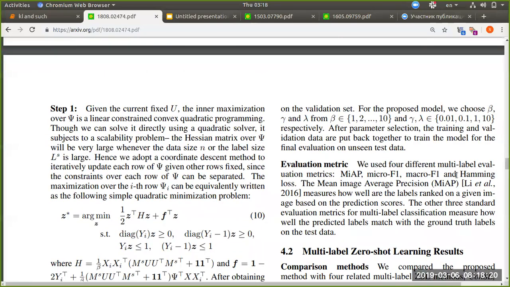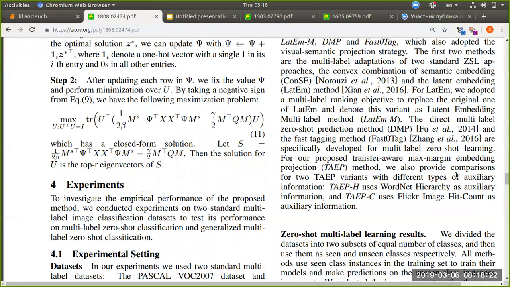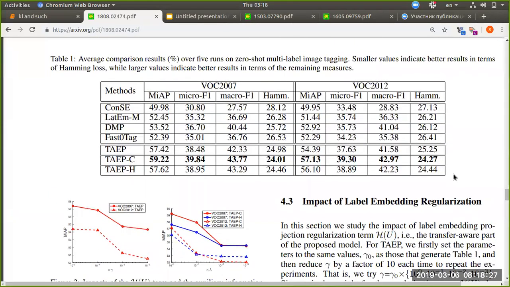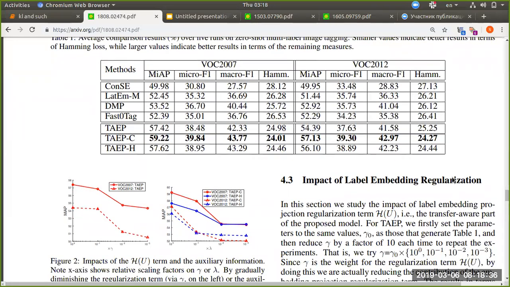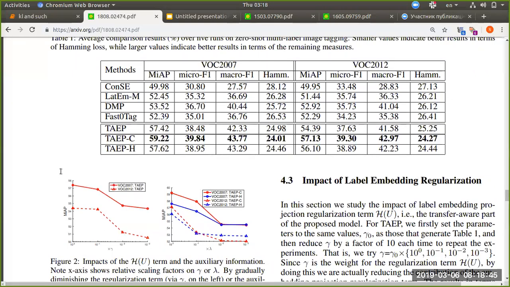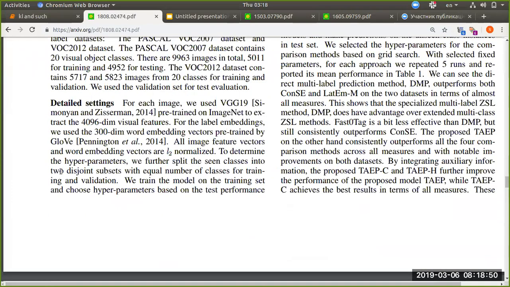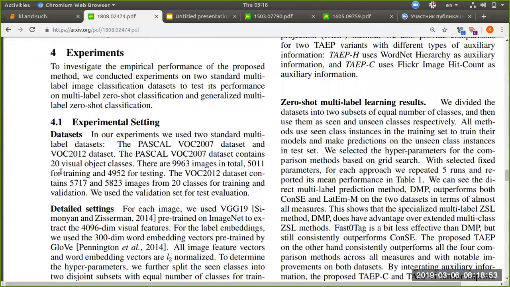Pretty much that's where I'm at as well. I have not got much further into this. I skimmed through it, but I wouldn't be able to actually explain much more than that. They prove that this regularization term works for them, as in when they decrease it, the results decrease as well. They also explain how they do the training with this setup, because they are not able to train it in one step.